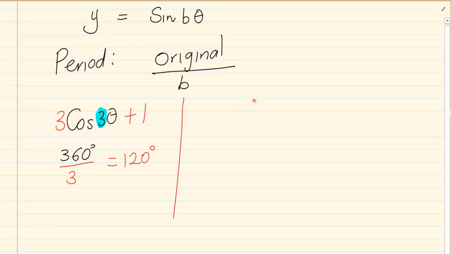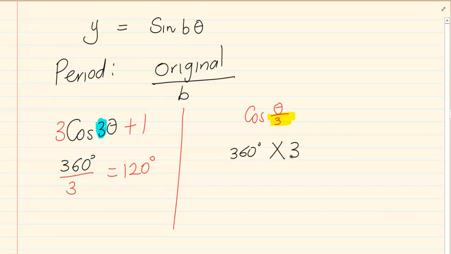Let's say I gave you cos theta over 3. Now what is the relationship? The relationship is divide. The mother graph is 360 degrees. I'm going to do the opposite, so I'm going to times it by 3. Or if you want to use the rule where it says original divided by b, what is the b?